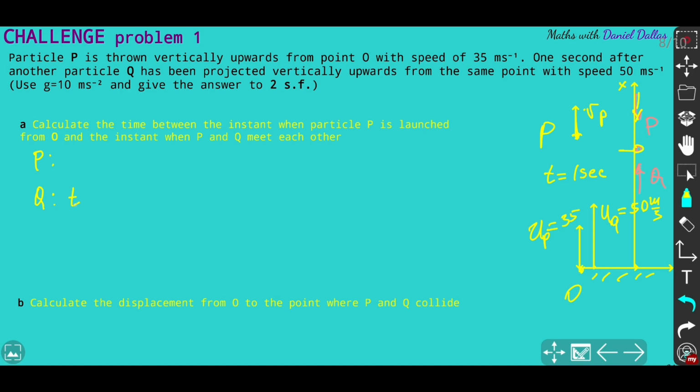For particle P it is going to be t plus 1 second, all right? Because it started moving 1 second earlier. So t plus 1 is the travel time. Okay, so we need to transform in order to describe the position where the 2 particles meet each other.